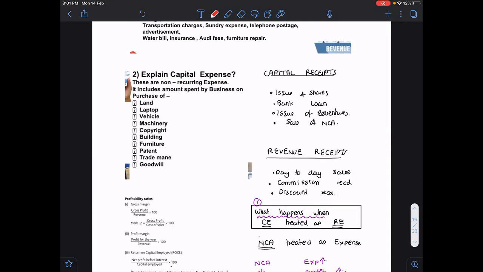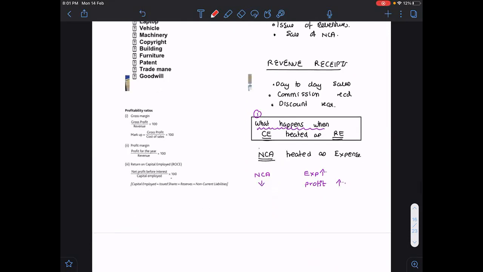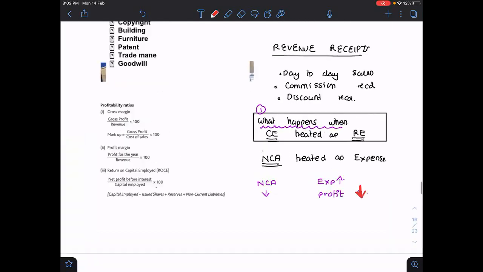Non-current assets are understated and profits are understated. Okay. And next to it are the profitability ratios.